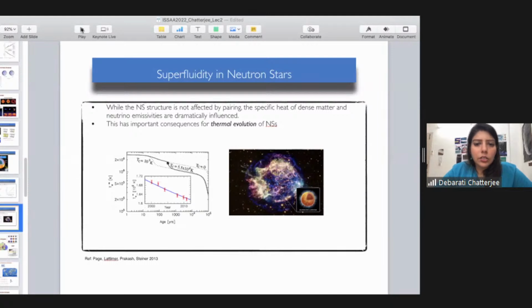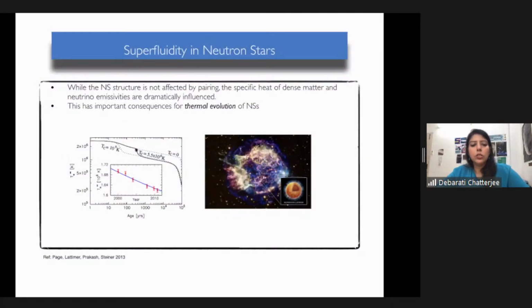In the case of Cassiopeia, the pulsar that was observed, there was a sudden critical point beyond which the cooling started to rapidly change. And this is said to be due to Cooper pair formation and breaking. Cooper pairing is when neutrons or protons pair amongst each other, forming a superfluid.